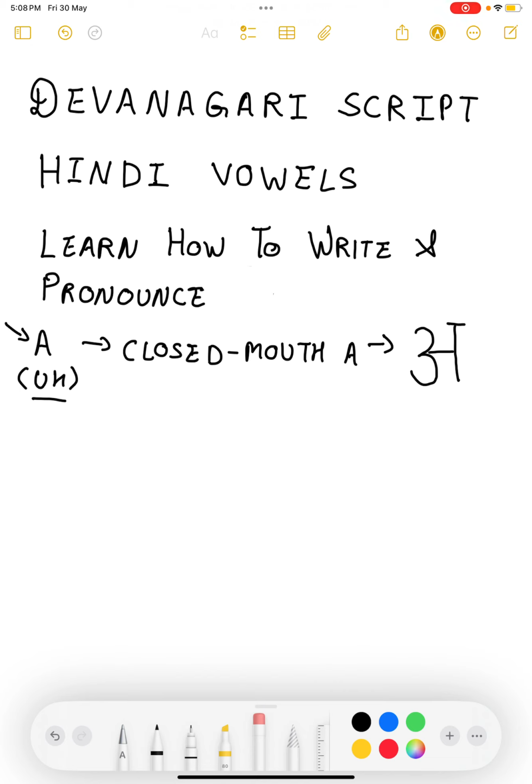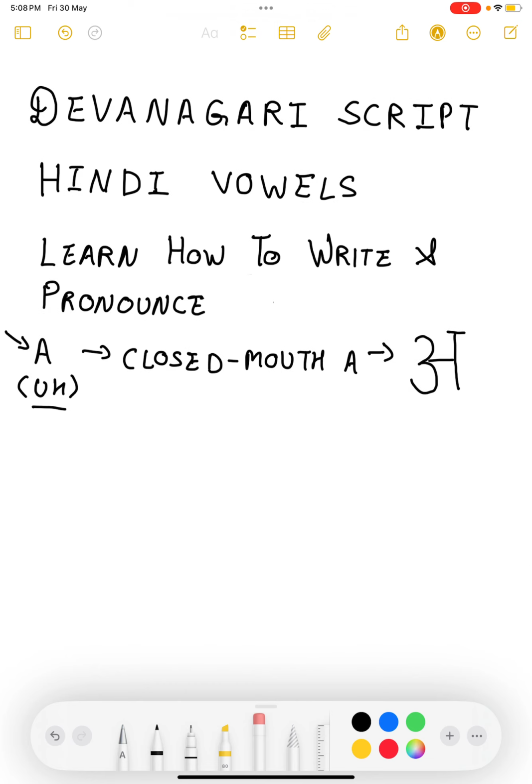This sound is written like this in the Devanagari script. This is how it's written and this is how it's pronounced. And if you're typing out this particular letter using English letters, like sometimes we are sending messages to our family or friends who speak Hindi.